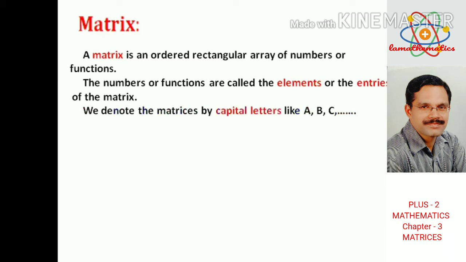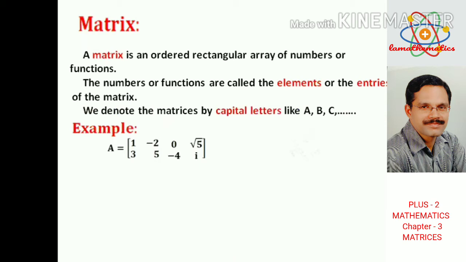It is denoted by capital letters like capital A, capital B, capital C, etc. Example: capital A equal to matrix, first row 1, minus 2, 0, root 5; second row 3, 5, minus 4, i.